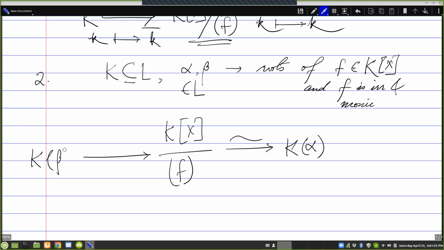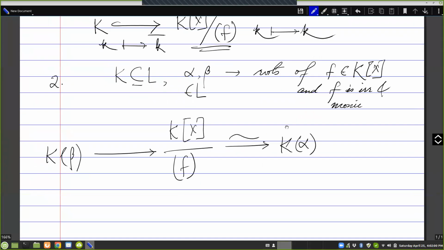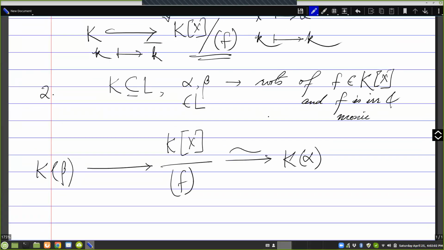Like earlier, we will assume that K is a subfield of this through this identification. So what we have seen is this isomorphism: on one hand, I have an isomorphism from this to K alpha, and on the other hand, an isomorphism from this to K beta. This isomorphism sends each k to k, and this isomorphism also sends each k to k.